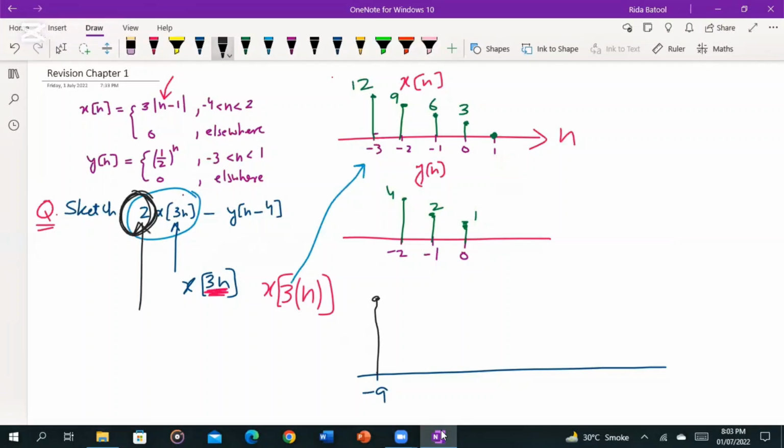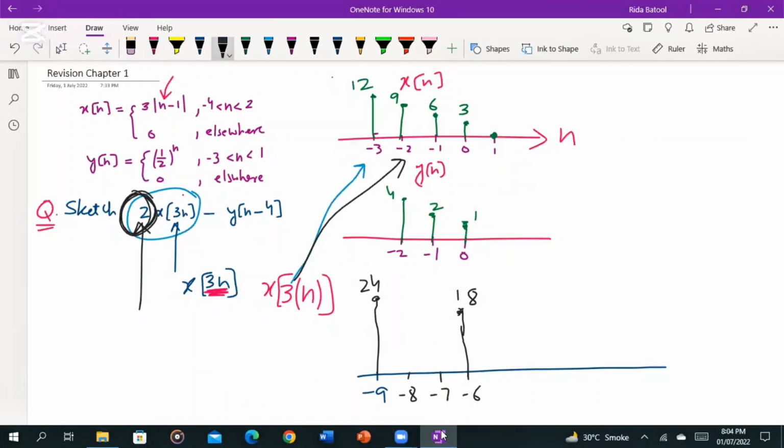Now, similarly, if you multiply this 3 with -2, you will get -6. So at -7, at -8, there is nothing. At -6, you will get 9 2s are 18. You will get the same magnitude that was at -2. Now you will get that at -6, and the magnitude will become twice.